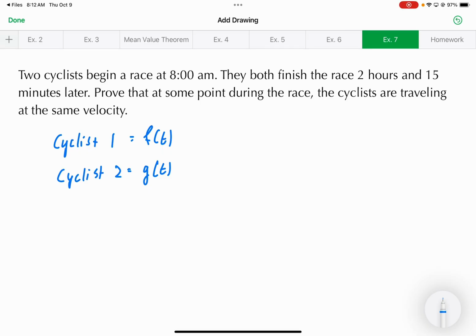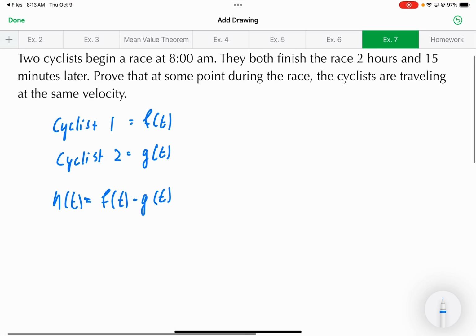What we could do is we could think about the distance between the two, h of t, being f of t minus g of t. So if we define a separate function as h of t, and think about it like distance, okay? Now, let's say we've got our interval. What would our interval be?